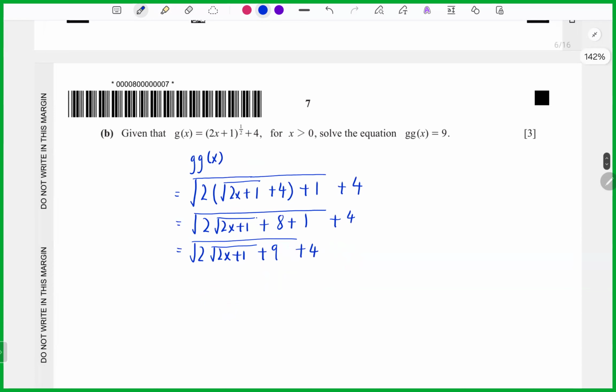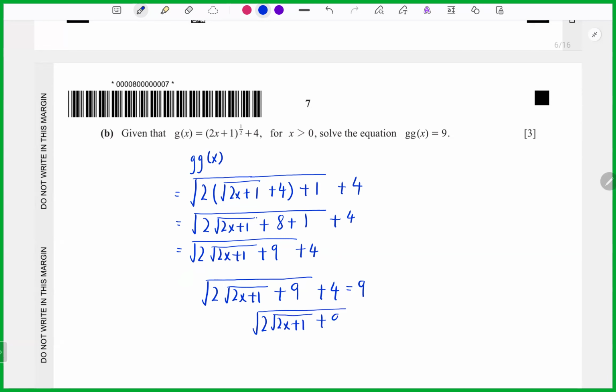Okay, so now if you don't get it, let's try. I write here 2 square root (2 square root 2x plus 1, plus 9), plus 4 equals 9. So 2 bracket square root (2x plus 1) plus 9 equals 5. So you will get 25 equals 2 square root 2x plus 1 plus 9. So 2x plus 1 equals, what is the value here?